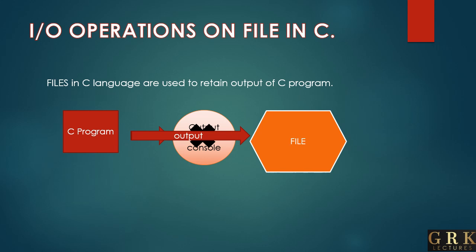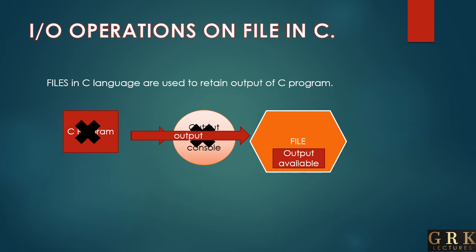Once this output is copied into the file, even after the program has been closed, the output produced by that particular program will be available in the file, and this output can be analyzed in future. So that is the reason why in C language we use files to keep that output for future reference.